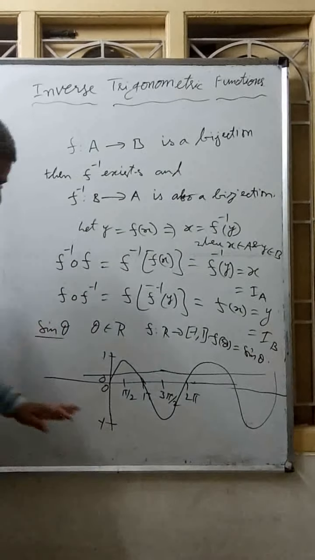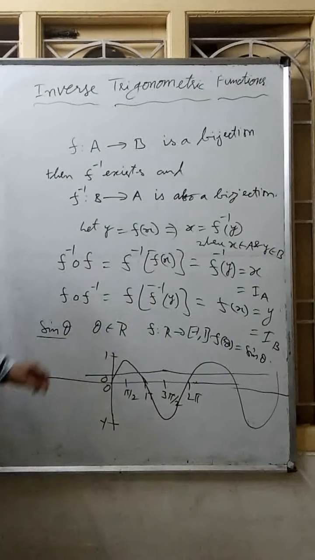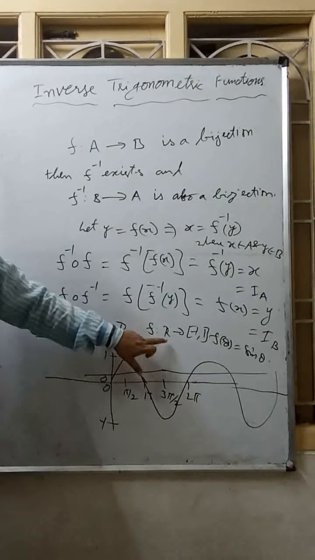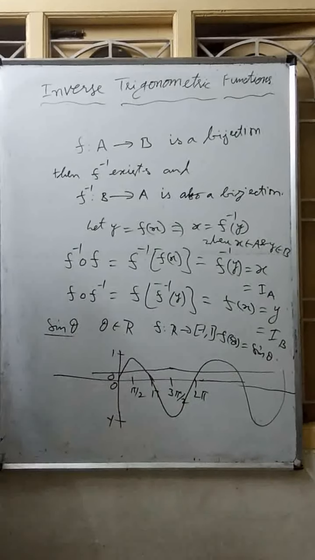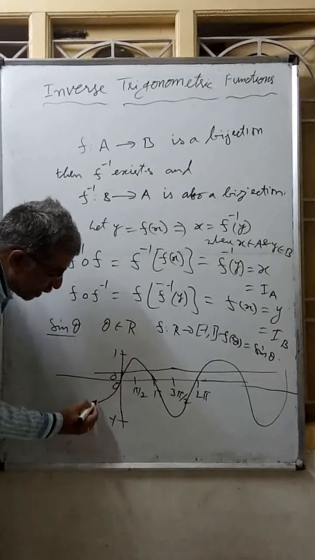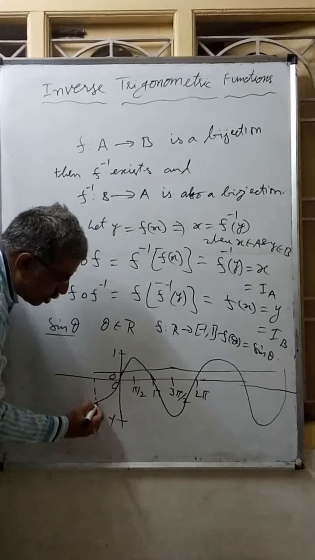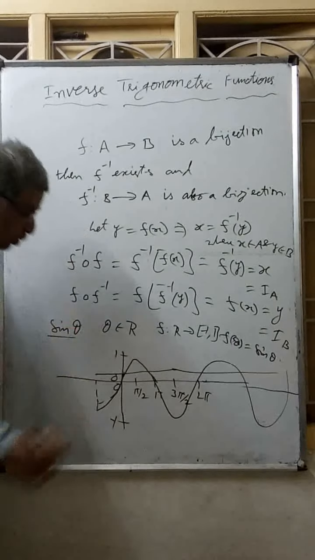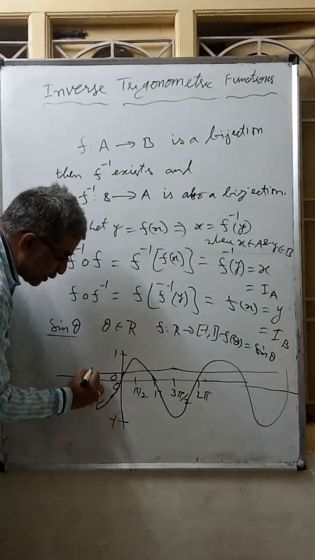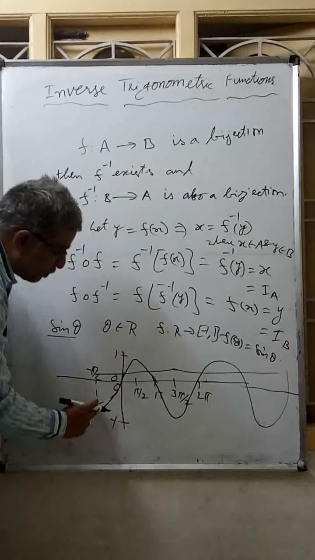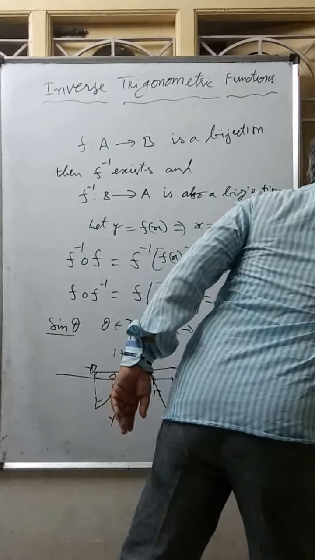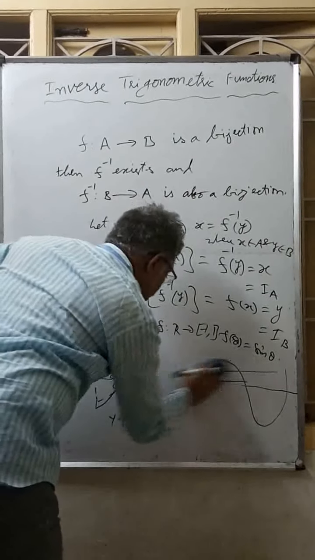To make the inverse exist, I want to take this domain instead of R, as -π/2 to +π/2. What happens? When it is -π/2, it is -1. So when I take this part of the graph instead of the whole graph, -π/2 to +π/2, what happens?